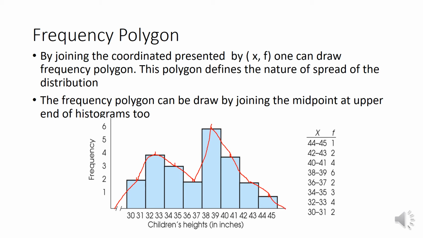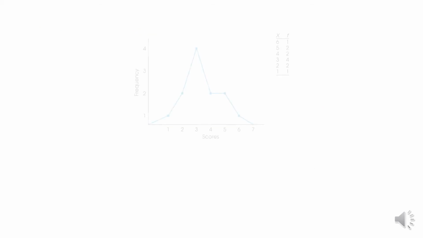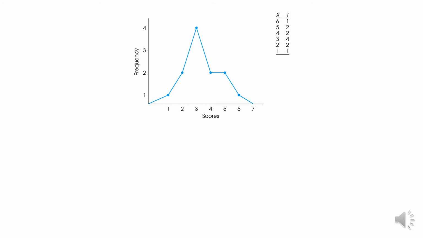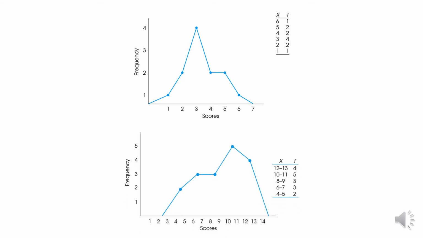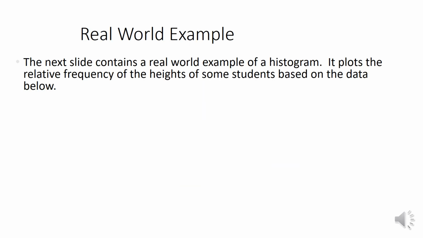So this will look like this red shape, and this red shape diagram is called a frequency polygon. This is my frequency polygon which we have already discussed. This is called frequency polygons. Now we are going to define this example.